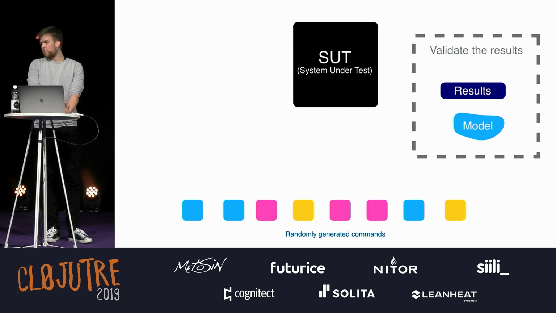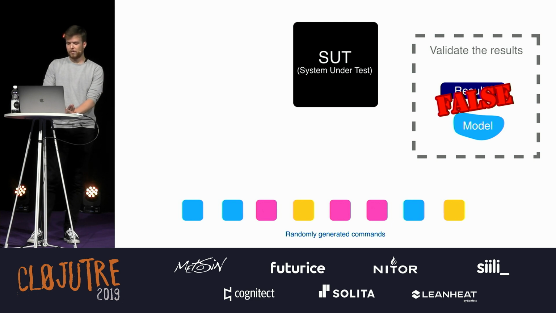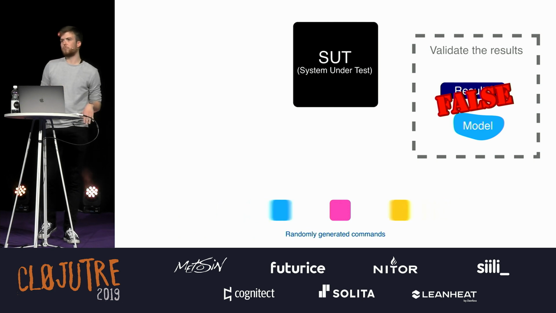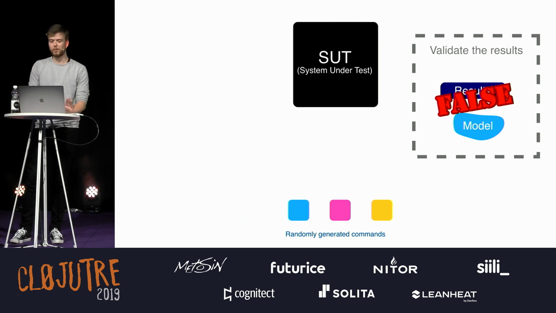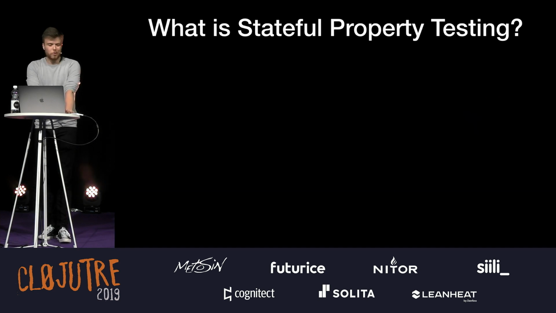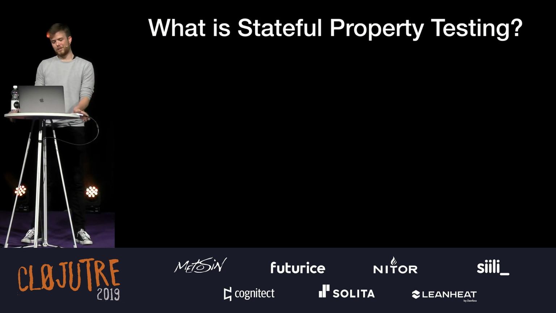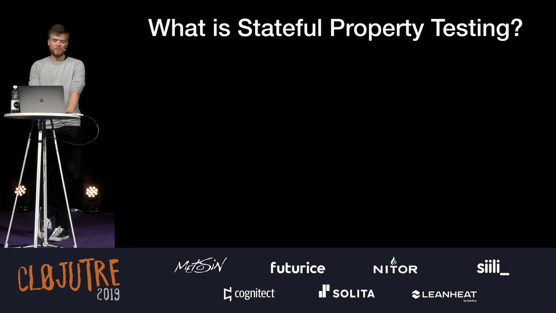And if this step returns false, that means the test fails, and the commands are shrunk down, automatically filtered out, leaving us with the smallest possible case of commands needed to produce that failure. So it could be a little more complicated than the animation I showed, but it also could not be. I'll talk about the more complicated way, but I'll get to that.